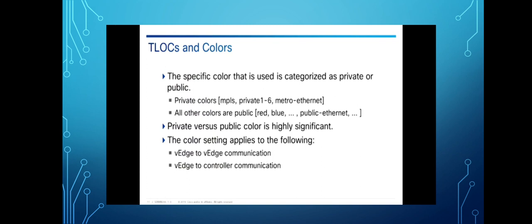We've got different colors for identification. We've got the private colors and we've got the other public colors like red, blue. So we'll be using color for the identification of the transport locator. If you have communication between vEdge to vEdge, the color setting will be different, and for vEdge to controller the setting will be different.